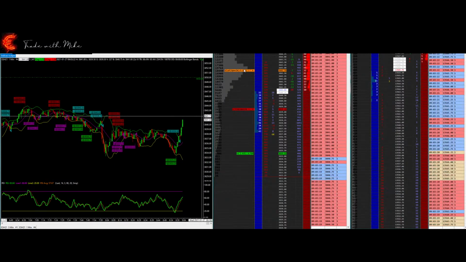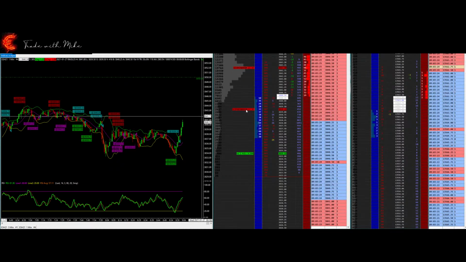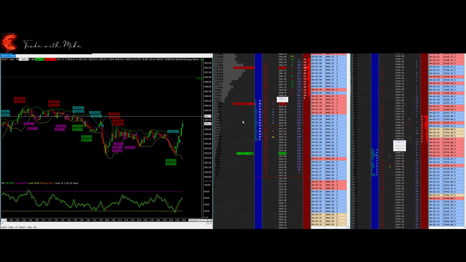Okay, I move it even higher. I move it even higher based on it. I dare it to go higher. If it doesn't, it's okay, because my stop loss is at 4.5 handles, 4.5 points, which means that's 18 ticks stop loss.